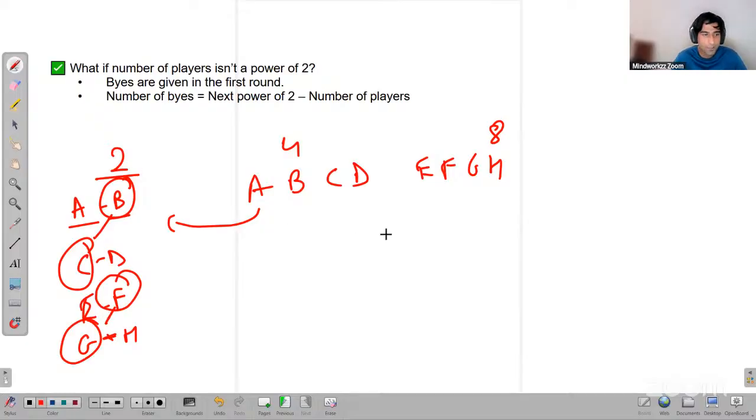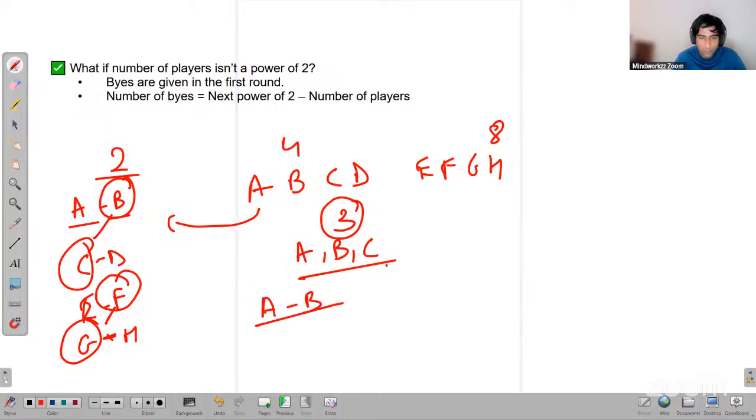But instead of two, if you had three players in total, A, B, and C, you could have either one match, A versus B, or a match A versus C. And based on that, you have to find a winner. So one person does not have a partner to play with, right?